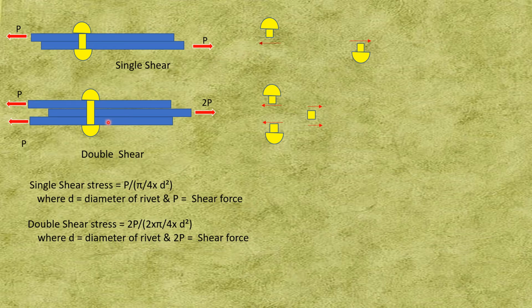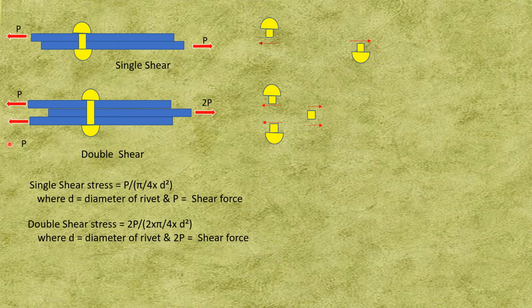Now if instead of two there are three plates connected by a rivet, on the top and the bottom plate the force P is acting. In the middle plate the force is 2P. So this 2P and P balance each other.